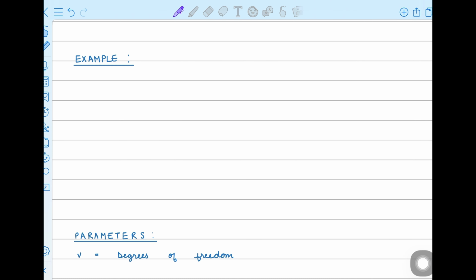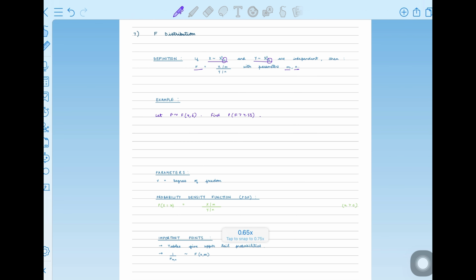For example, let f follow f of 4, 6. Find the probability that f is greater than 4.53. The parameters include v, which represents the degrees of freedom. The probability density function is the same as we discussed above, which is the value of f.